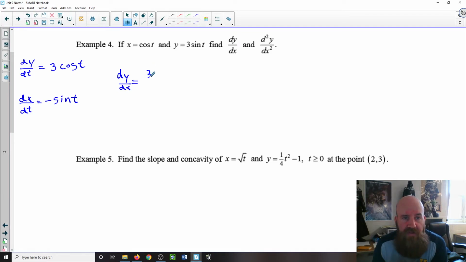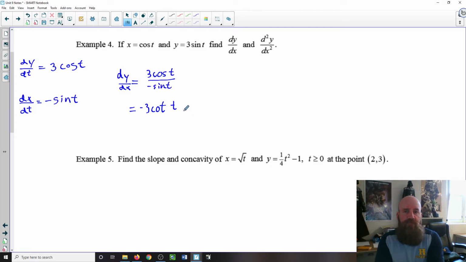So we get 3 cosine over negative sine. And we can go ahead and simplify this. Cosine over sine we know is cotangent, so this is a negative 3 cotangent. So that would be our first derivative.